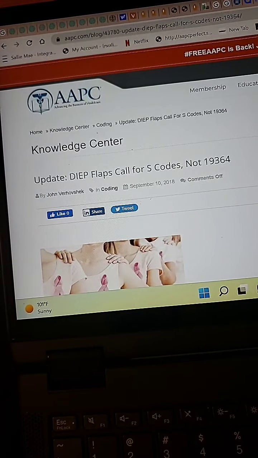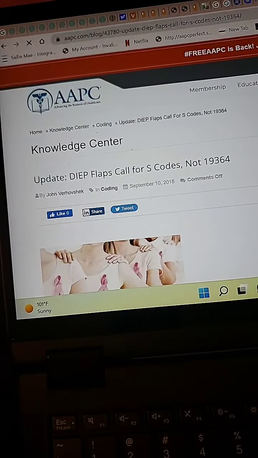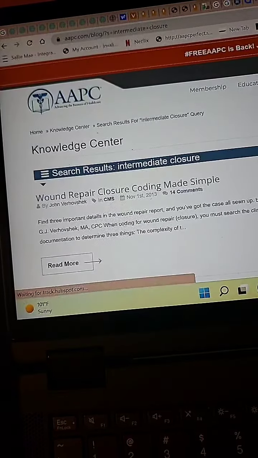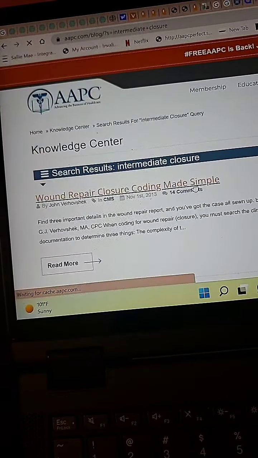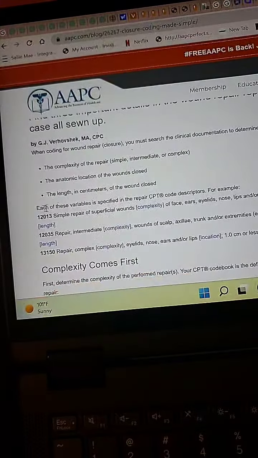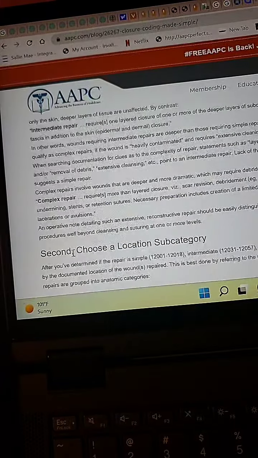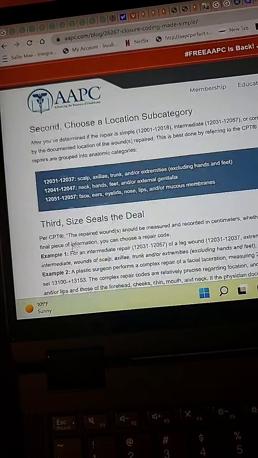Let's see. Intermediate closure. Let's see what they got. Wound closures, coding made simple. They're going to talk about these wound complexities, about each one, and define them. Then they're going to give you some examples.